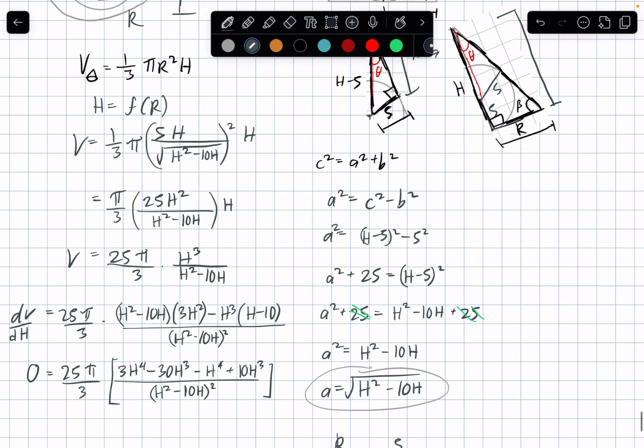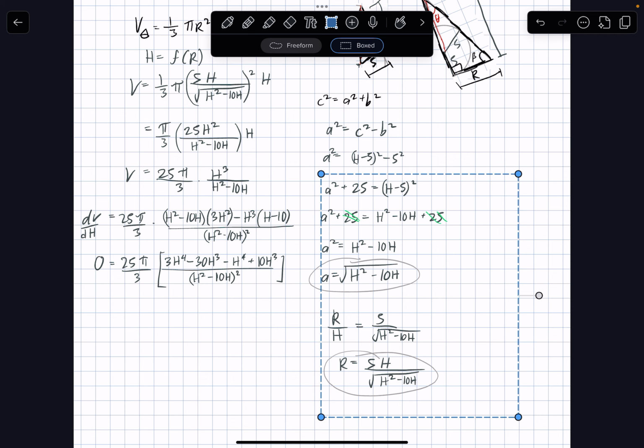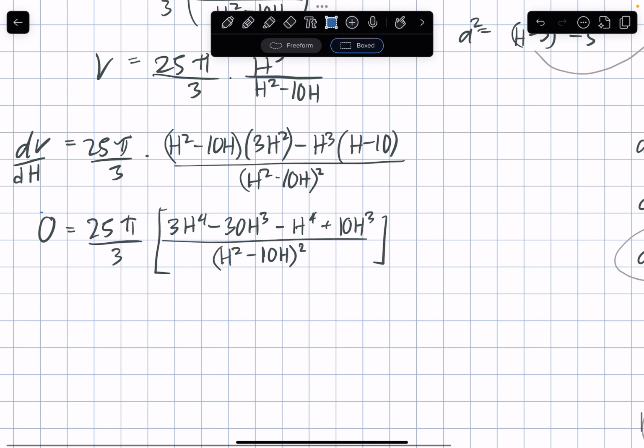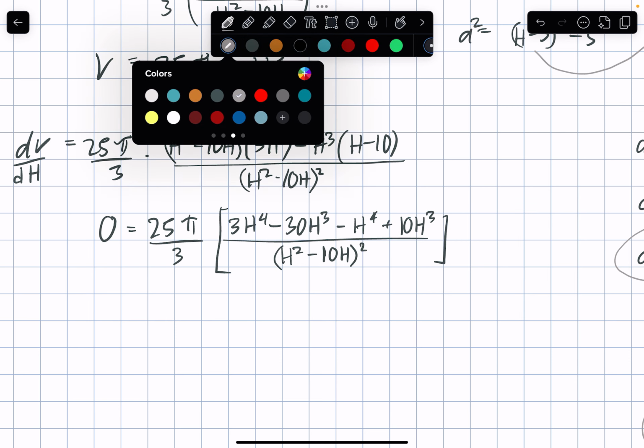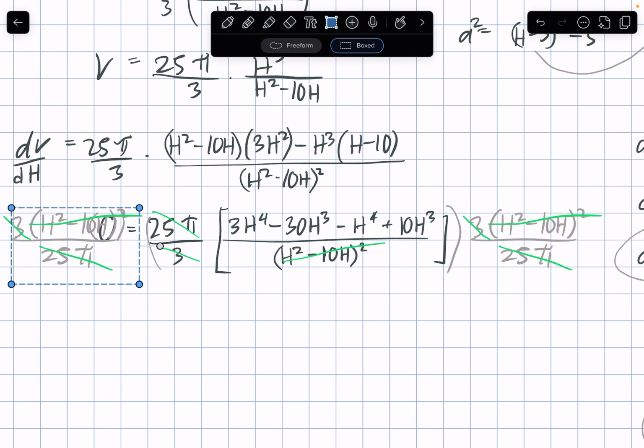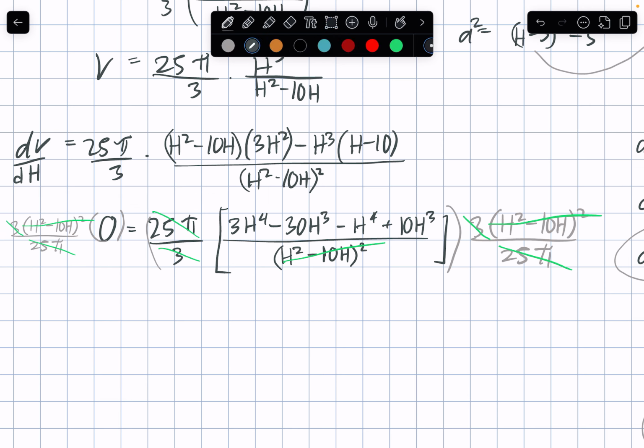I need more space. So we multiply both sides by 3 times h squared minus 10h then whole squared, and 20 over 25 pi. So these could cancel. You multiply the same thing with the other side, but it doesn't make a difference. Anything times 0 is 0.